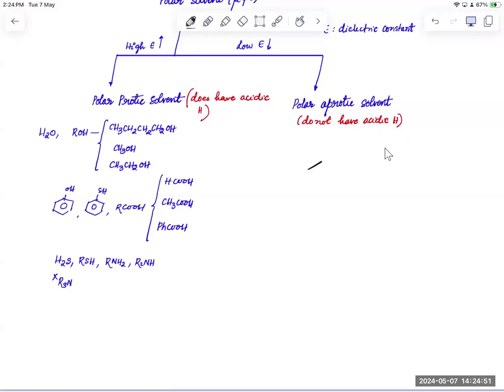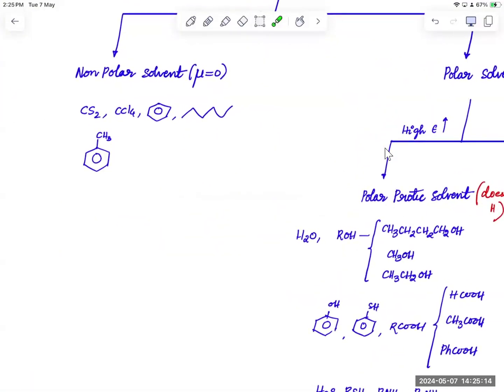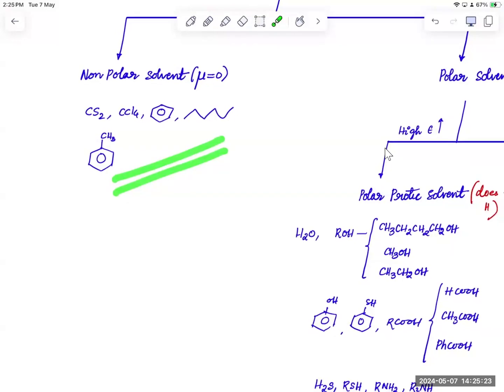For example, if you take a ketone here, a ketone has hydrogens connected to carbon, and these hydrogens do not have as much partial charge as you see in water. Got it? That's why these are called polar aprotic solvents. While non-polar are those cases which do not have any dipole moment at all. Okay. So these are non-polar solvents.